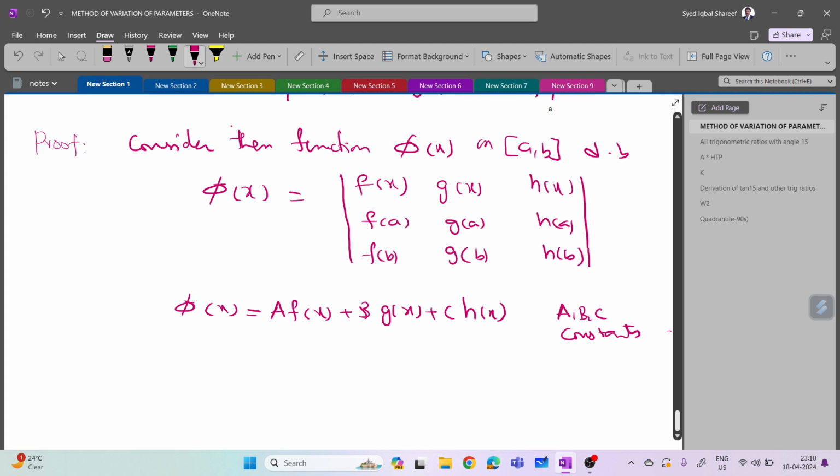Since f of x, g of x, h of x are continuous in the closed interval [a, b], and phi of x is a linear combination of f of x, g of x, h of x, phi of x is continuous in the closed interval [a, b]. Second, phi of x is derivable in the open interval (a, b).